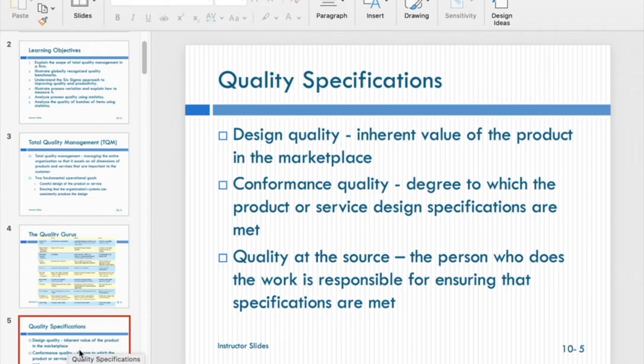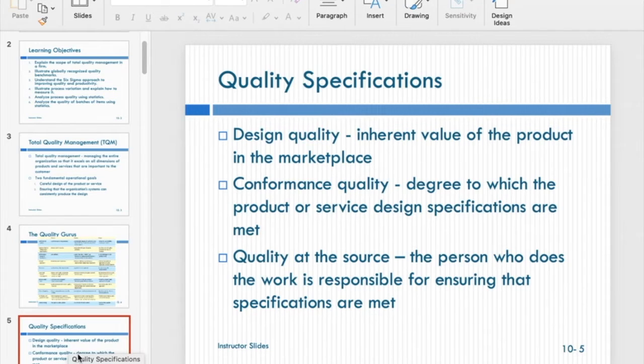So this is the quality specification. I already talked about the design quality and the conformance quality. For design quality, in order to fit the customer needs in the market and to compete with other products, you have to first have a very clear plan, and you want to improve your design quality to better fit a customer need.